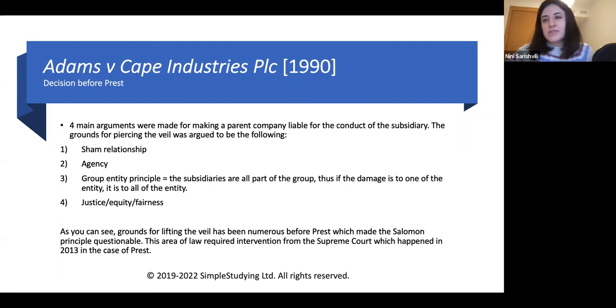So this case was decided in 1990, and the main judgment was delivered by Lord Denning. It represents the law on separate corporate personality very differently from how it was represented in Salomon.